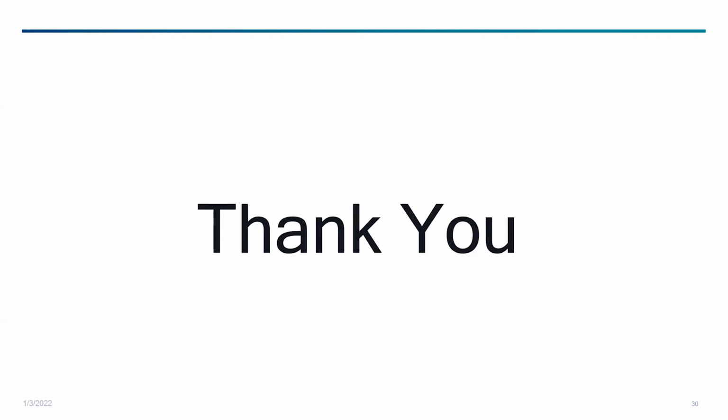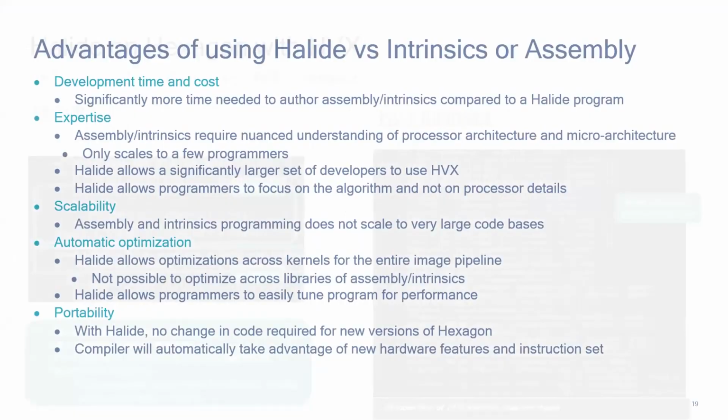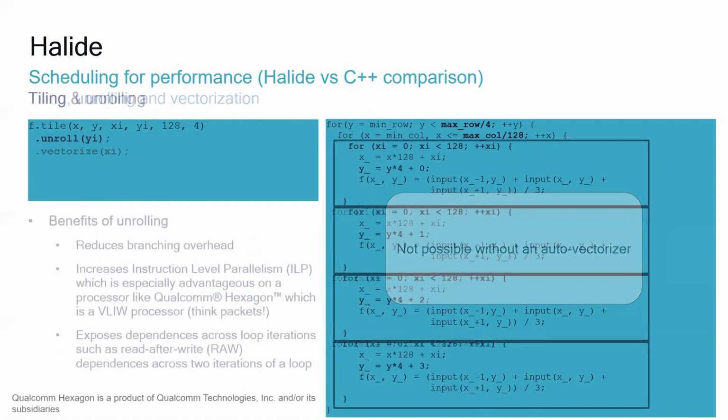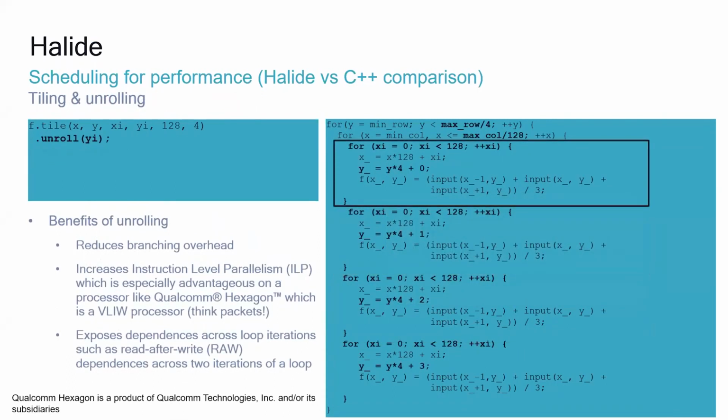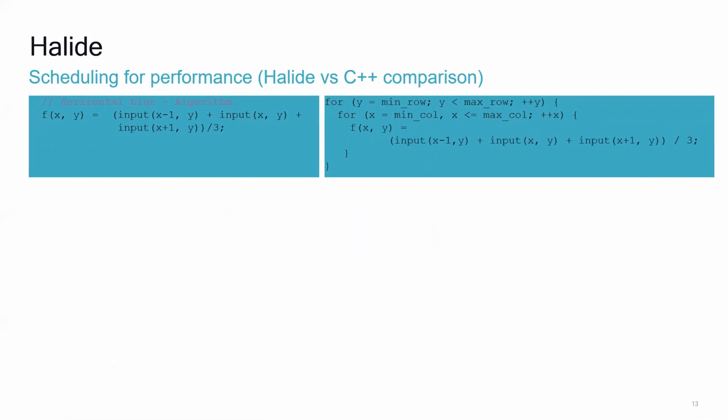Image processing engineers actively use Halide, because, as I showed in the example on the previous slide, C++ and Halide look comparable when doing horizontal blur, the average of 3 horizontal pixels.